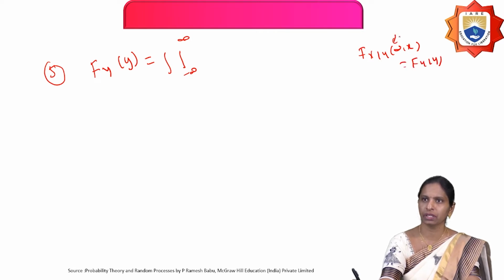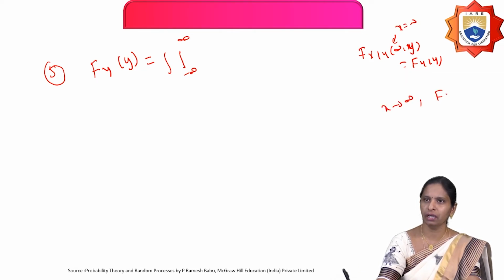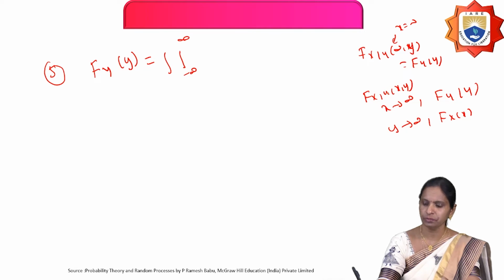If you keep x as infinity, you get the marginal distribution function of y. If you keep y as infinity, you get the marginal distribution function of x.